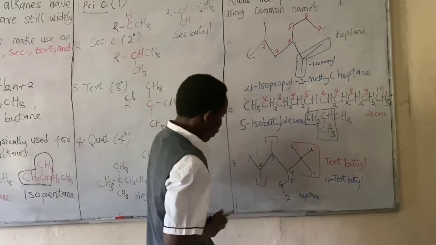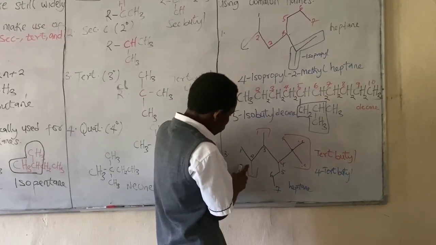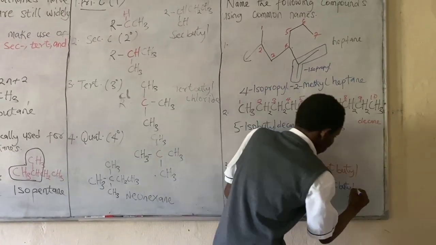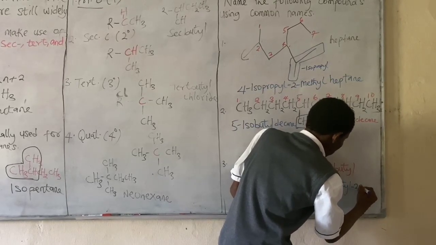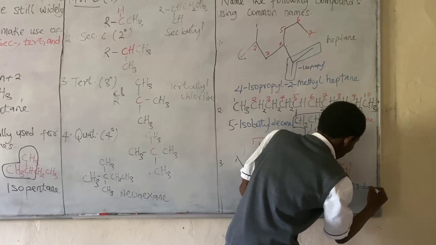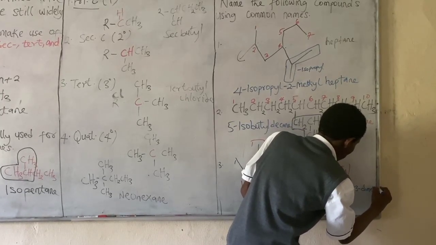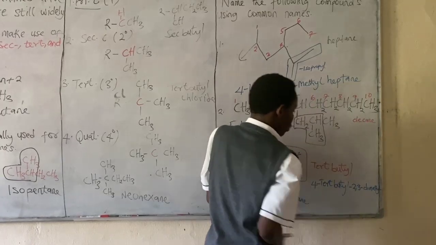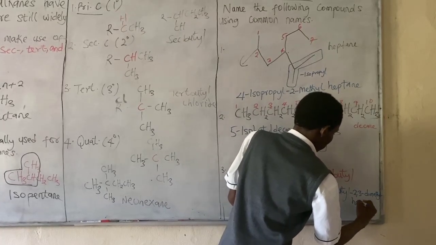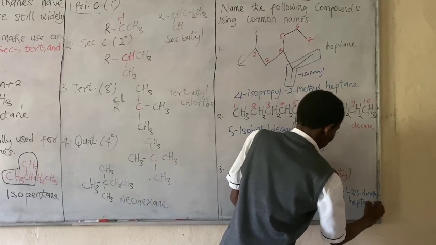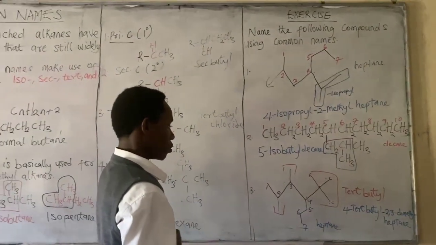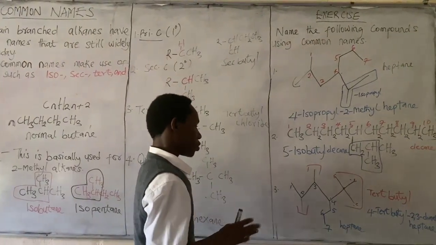Then we have a methyl group on carbon 2, another methyl group on carbon 3. So 2, 3 dimethyl. The longest chain is heptane. The name of this compound would be 4 tert butyl 2, 3 dimethyl heptane.